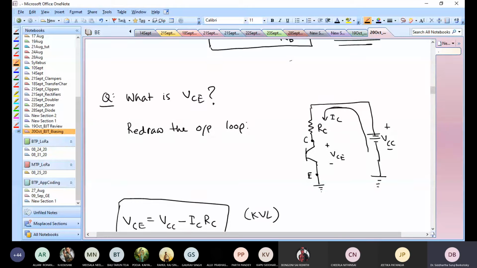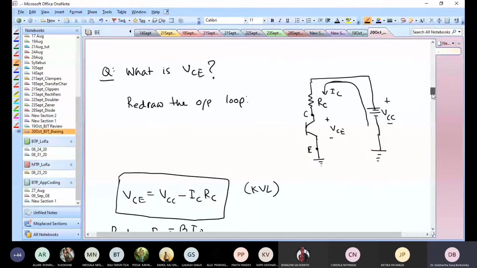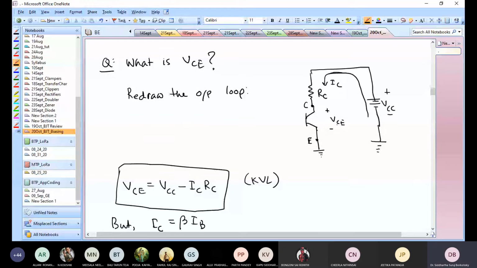There is a VCC, there is RC, there is VCE, and then there is ground. So I draw it in this more familiar manner, and I find that VCE is nothing but VCC minus RC times IC.